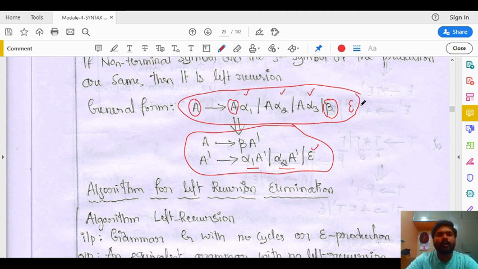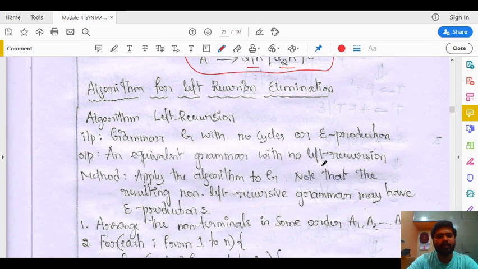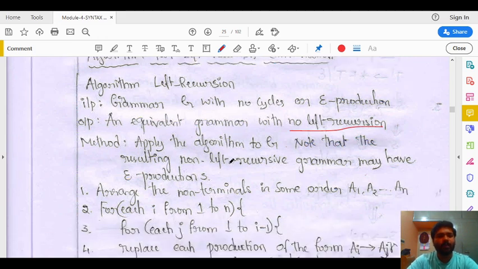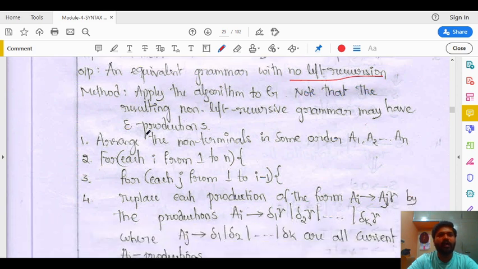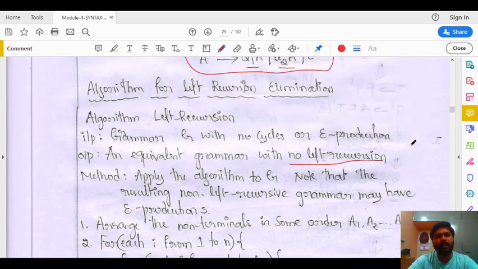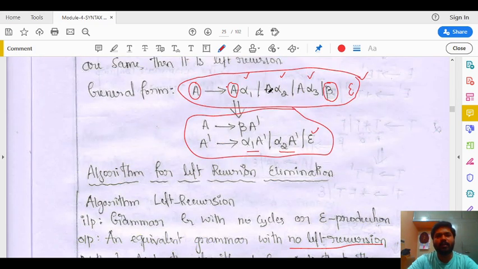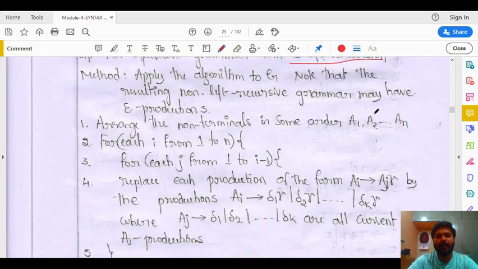So the input grammar should be free from epsilon. Once it is, the output will be a grammar with no left recursion. The steps I need to follow are: arrange the non-terminals in some order, that is A1, A2 up to AN.